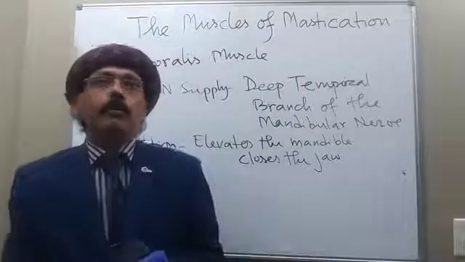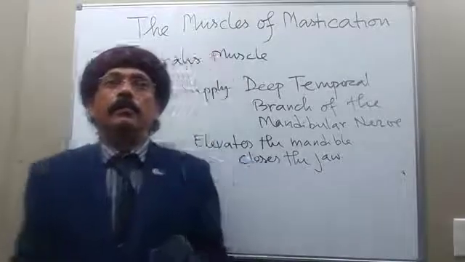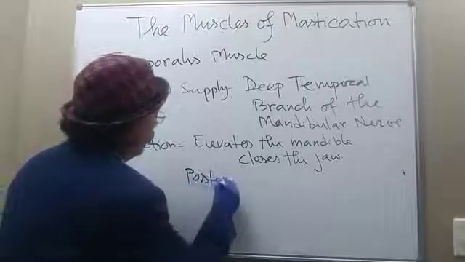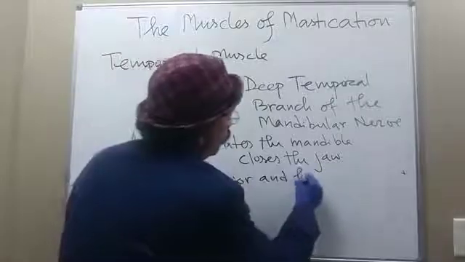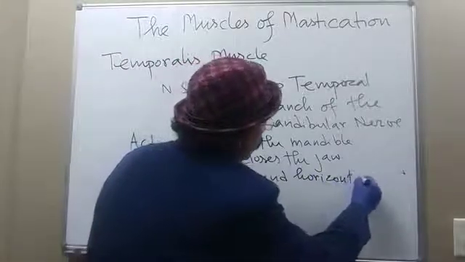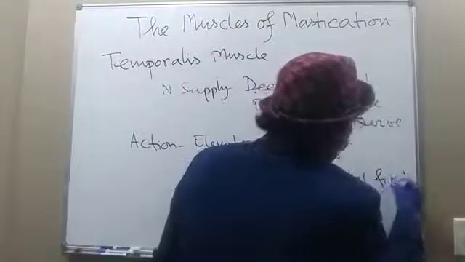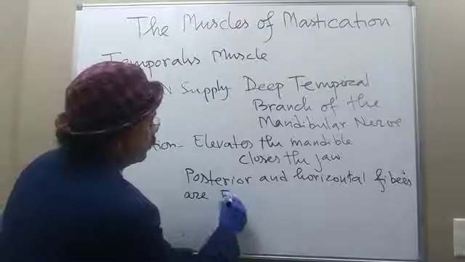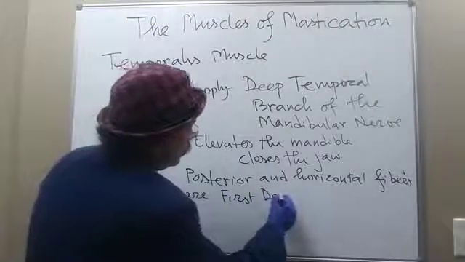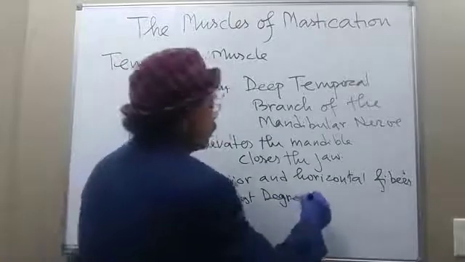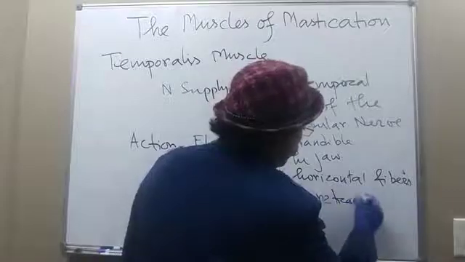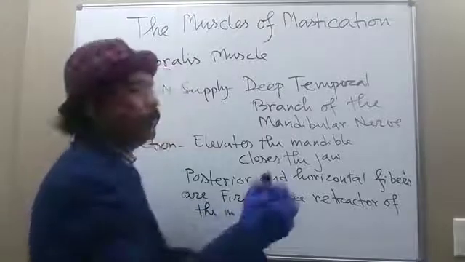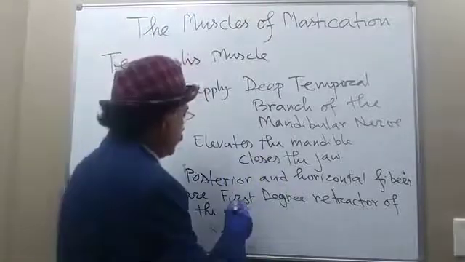The posterior and the horizontal fibers of the temporalis muscle are retractors of the mandible, so the mandible is going back.